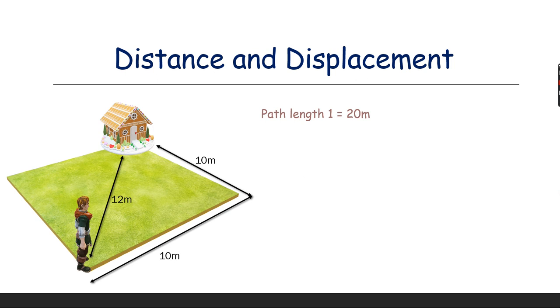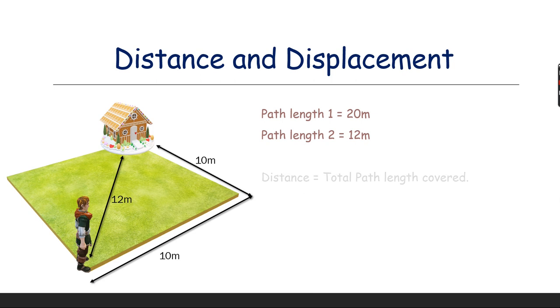So this path length covered by him is 12 meters. So he can either go around one round and reach his house. So all these are basically distance. So this is a distance, this is also a distance, and he can make one round and then reach his house. That will also be a distance.